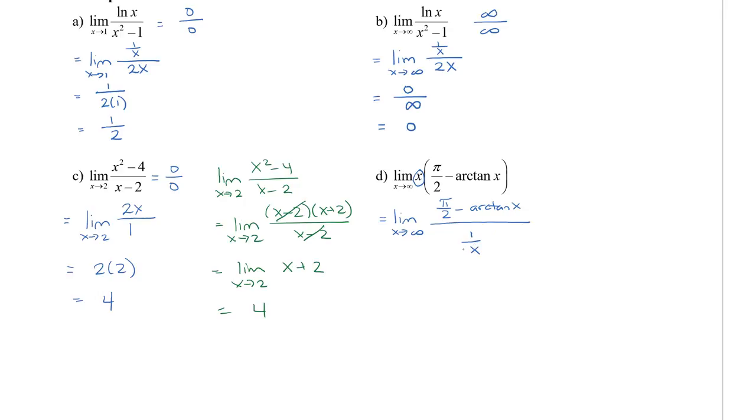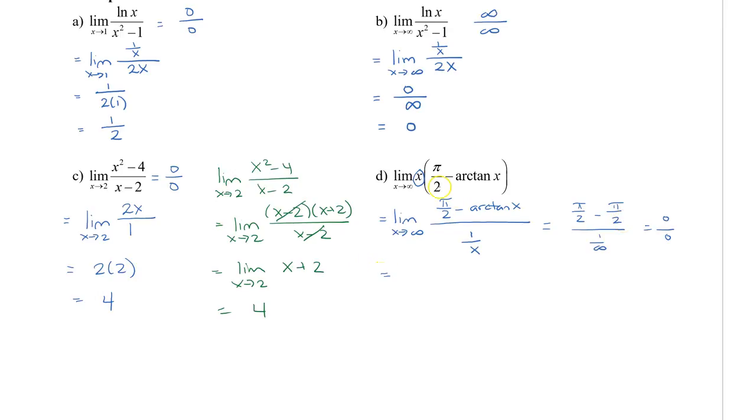Okay, so now when I plug in infinity, we have pi over 2. Remember that arctan of infinity means we're trying to find the angle where we go to infinity, and that occurs at the asymptote, pi over 2. In my denominator, I plug in 1 over infinity, I get 0, and then 0 over 0. So this is an indeterminate form.